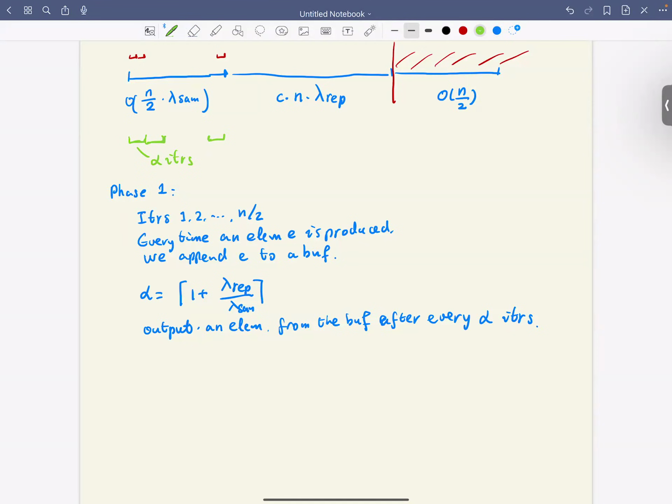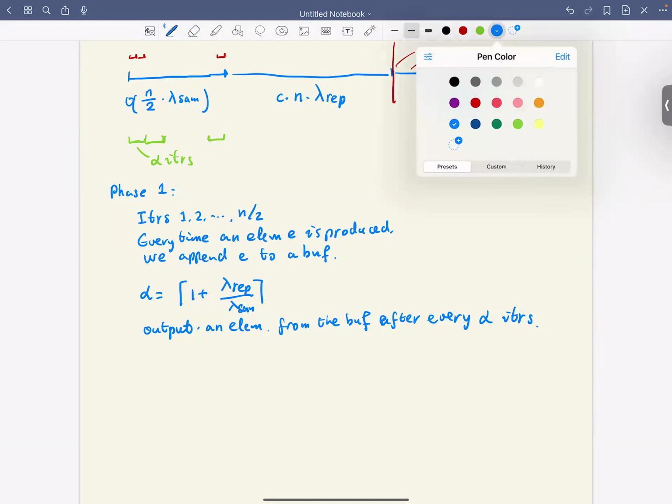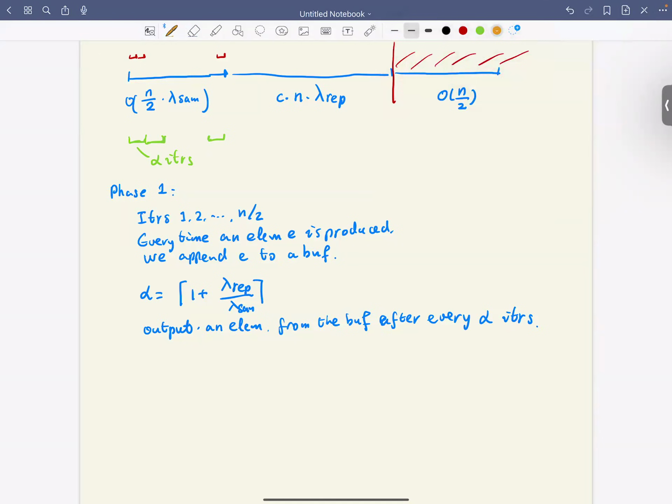And then I'm going to give you, say, brown intervals. So I will apply the same idea to cut the second phase, except that strictly speaking, the intervals that you get from the second phase do not need to be of the same length as the green. But the main idea is the same.